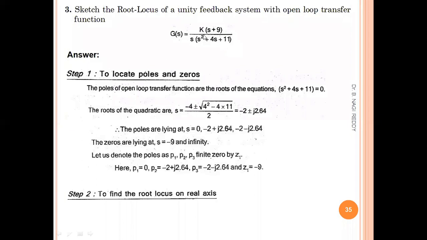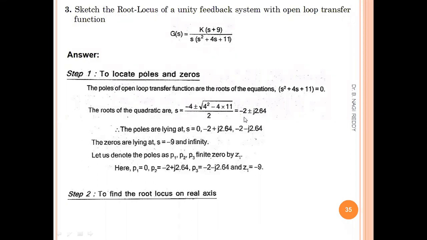This is a quadratic equation, so we can calculate the poles using the formula (-b ± √(b² - 4ac)) / 2a. If we solve this quadratic equation, we will get two roots, that is -2 ± j2.64.